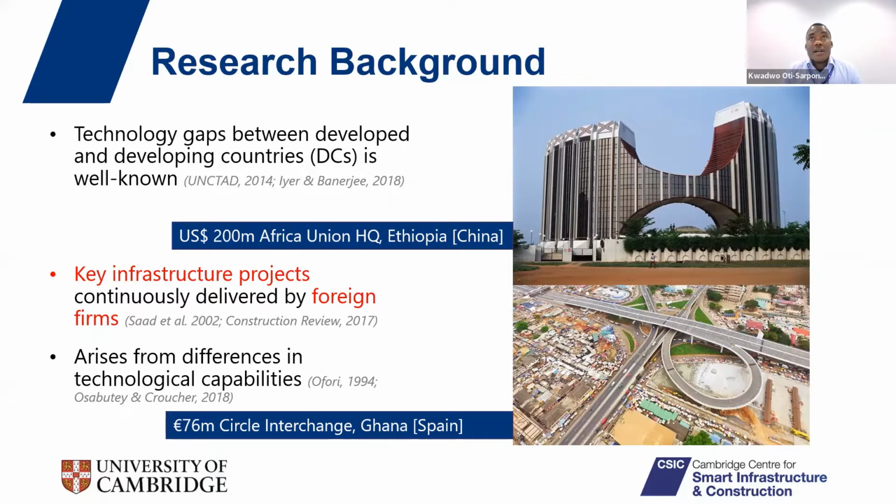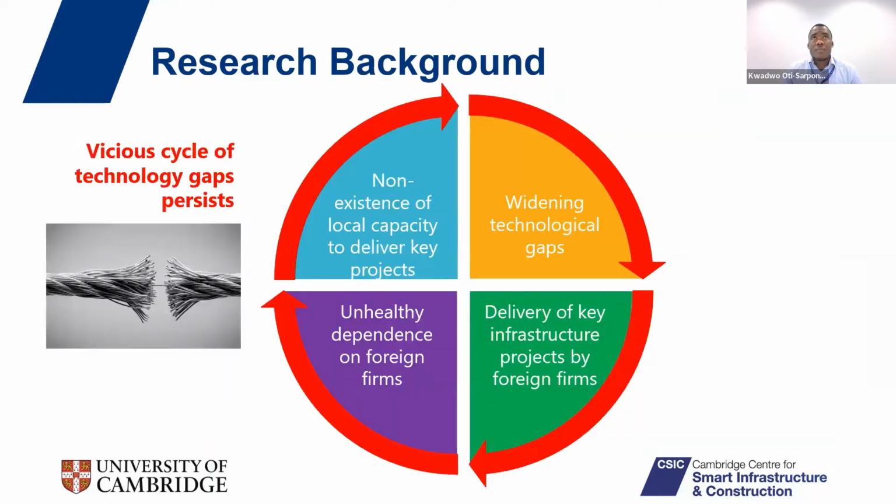And you can see on the slide here a $200 million African Union headquarters project, which was completed in Ethiopia by the China State Construction Company, and then a 76 million euro interchange in Ghana, which was executed by a Spanish construction firm and actually designed by a consultancy from Spain as well.